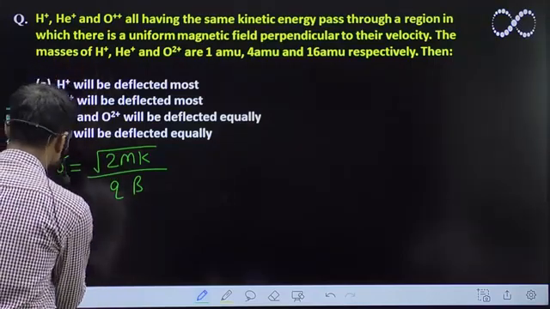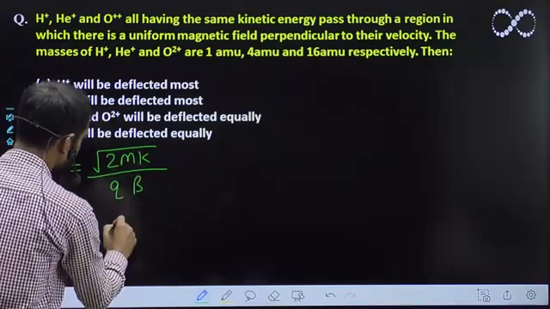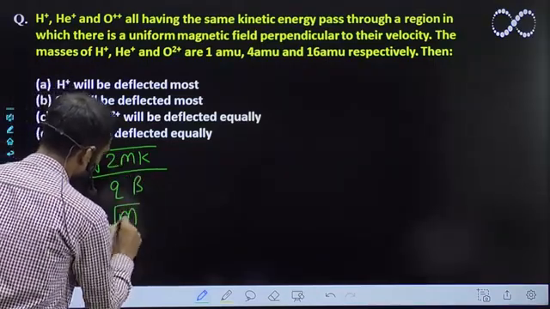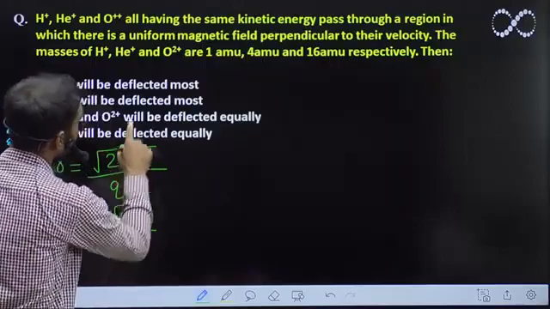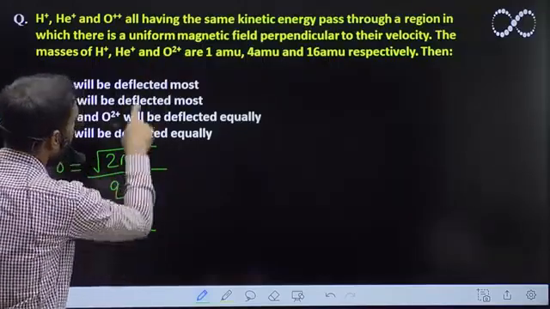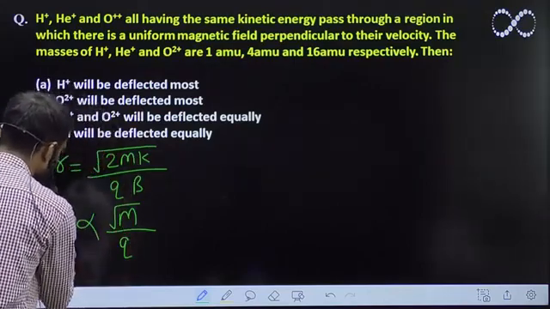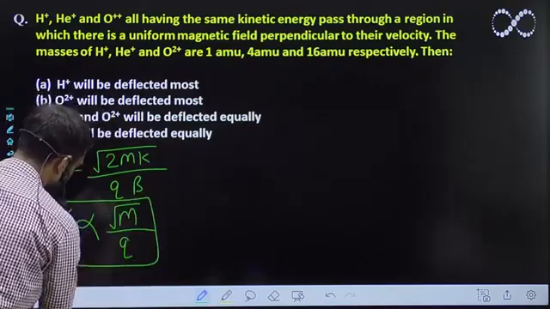So I can say here r will be directly proportional to root m divided by q, because K is constant for all, 2 is constant for all, and the magnetic field is the same for all. So the radius will be directly proportional to root m upon q.